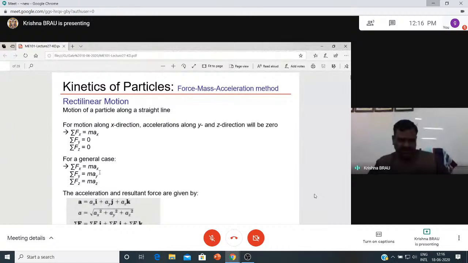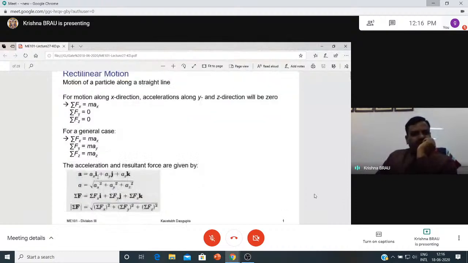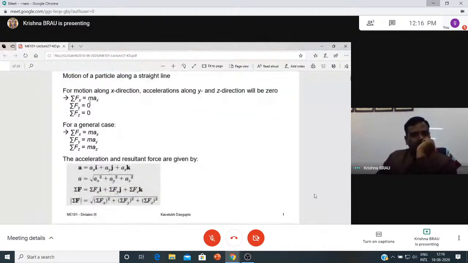If only x translation is concerned, then neglect y and z. Then if it is a static condition, this is also 0. These are only dynamic equations. This is a linear rectilinear motion. In a curvilinear motion, two-dimensional, this is 0, only Fx and Fy.